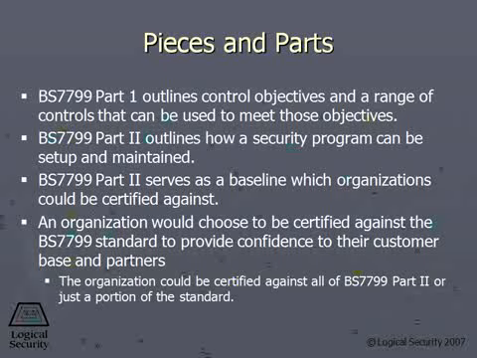In the British Standard 7799, the first part talks about the controls that could be used, the countermeasures that should be used. And the second part talks about how to actually build a security program using the controls that are in Part 1. Since we're going through this flux, the numbers are actually changing, which is confusing some people.